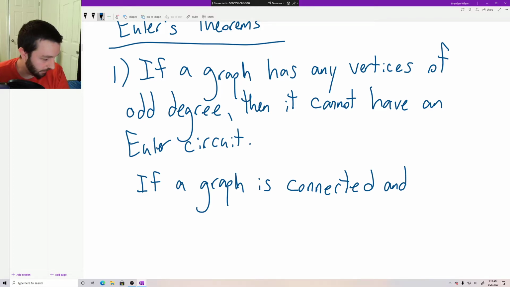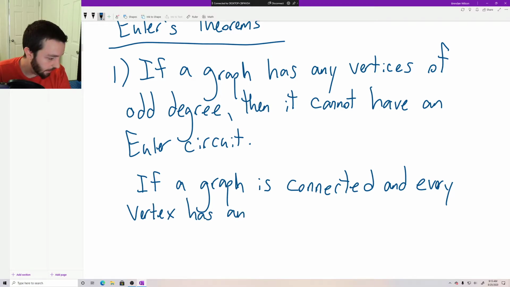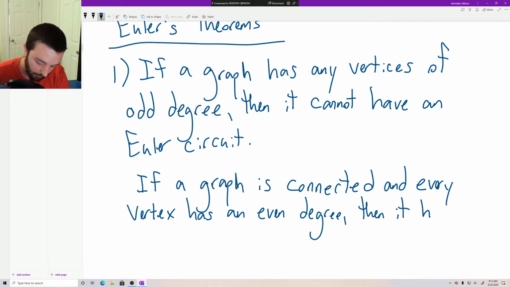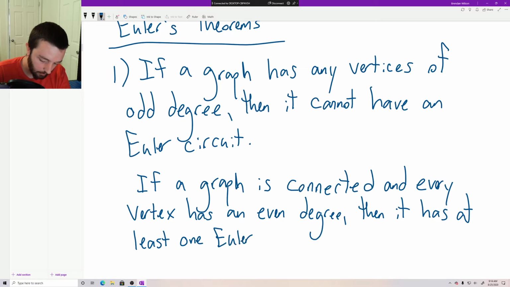If every graph is connected and every vertex has an even degree, then it has at least one Euler circuit.